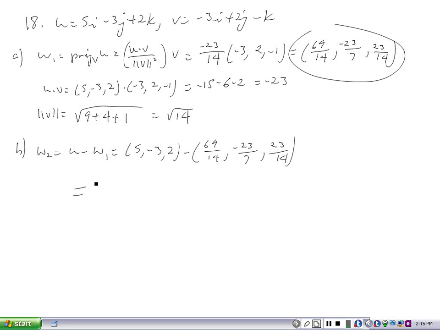And on your calculator, this gives you 1 over 14 comma 2 over 7 comma 5 over 14. And this is a 7 and not a 1.